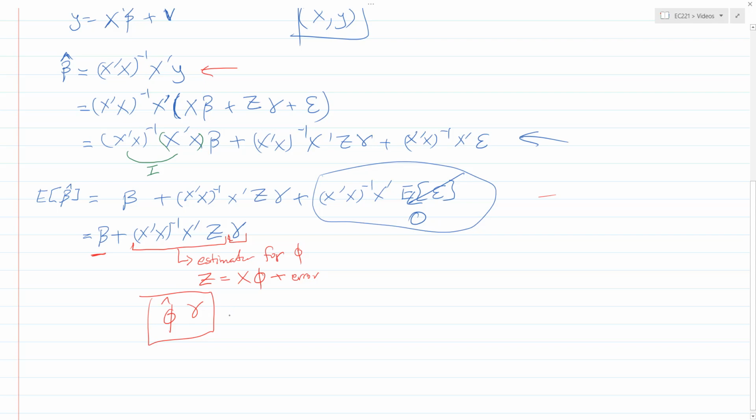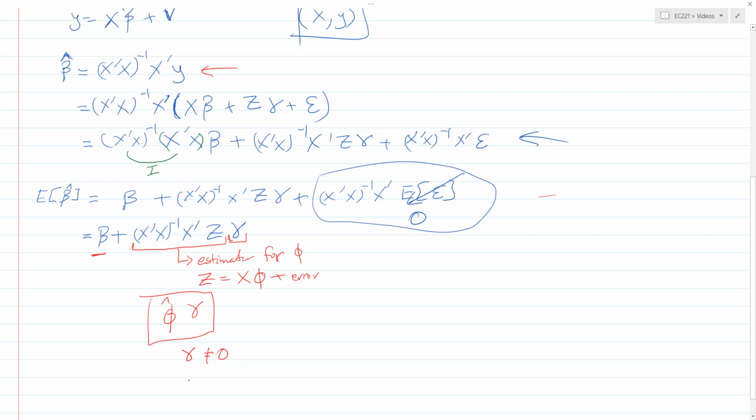Then, in order for this bias to exist, first of all, gamma has to be not equal to 0, which is saying that z actually affects y, i.e. z is relevant to y.